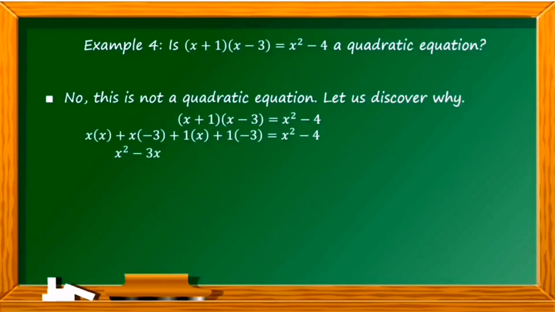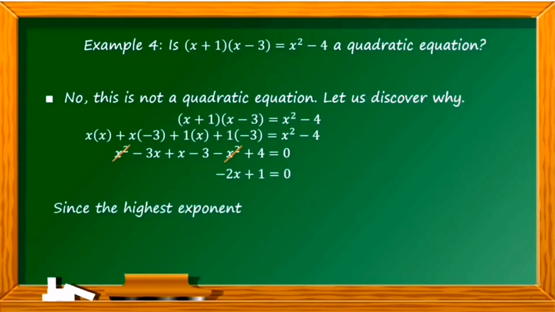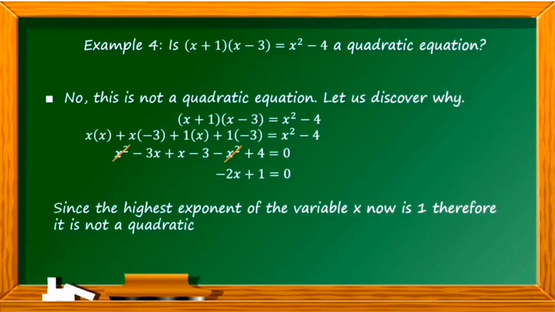Next, x squared minus 3x plus x minus 3 minus x squared plus 4 equals 0. From our equation now, we can eliminate x squared and negative x squared. Finally, we have negative 2x plus 1 equals 0. Since the highest exponent of the variable now is 1, therefore, it is not a quadratic equation. Instead, it is a linear equation.